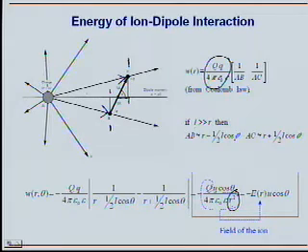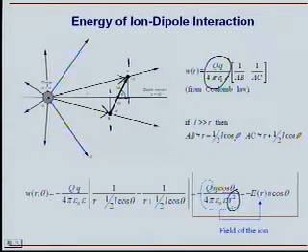Coulomb's, right. So if you have two ions, they interact from far away. If you have an ion and a dipole, they interact over a shorter distance. You can see that the decay length is much shorter.